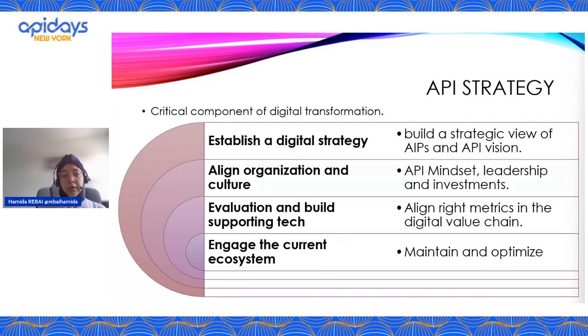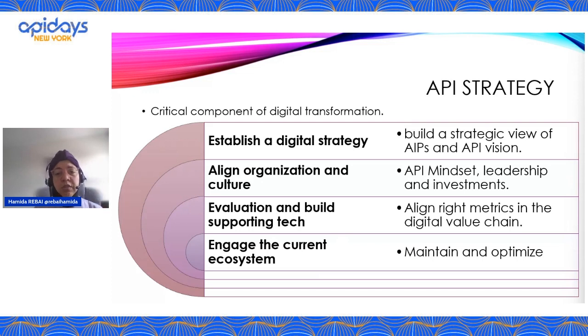So, we start by building a strategy view of your APIs, the API vision in our case. After that we align the organization and the culture. Here we need to focus on the API mindset; we need to change the mindset of the organization, the culture internally, leadership, and investment also. We evaluate and build supporting tech.